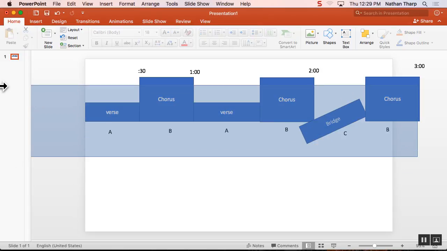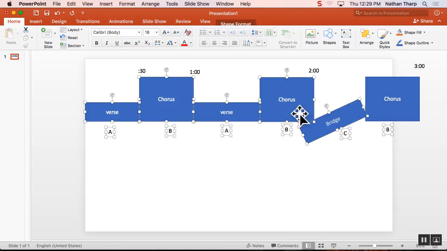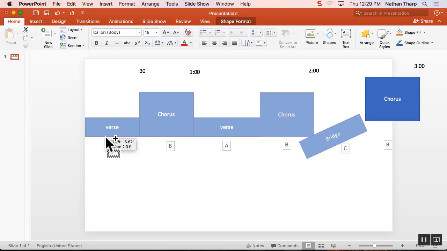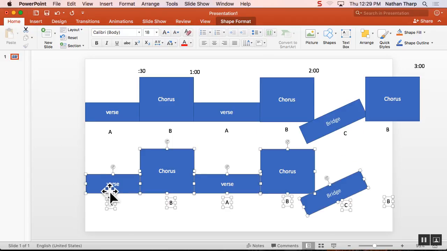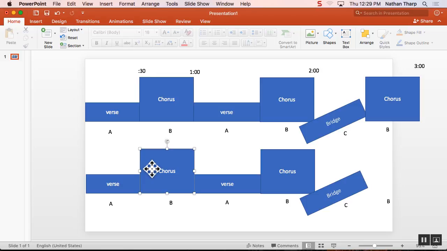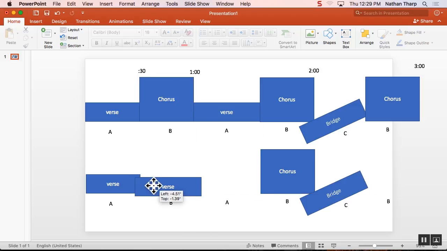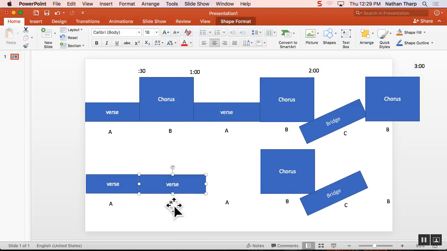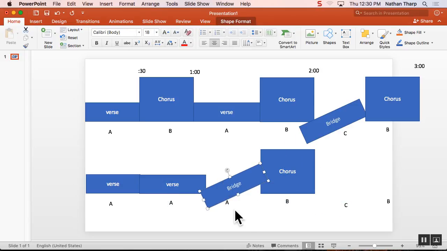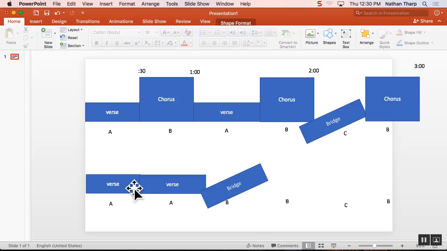Okay. Now, an AABA song will, interestingly enough, follow many of the same patterns, but instead of that being a chorus there, it's going to do the bridge here. And instead of this being a verse, it's going to be a verse slash refrain, like that.